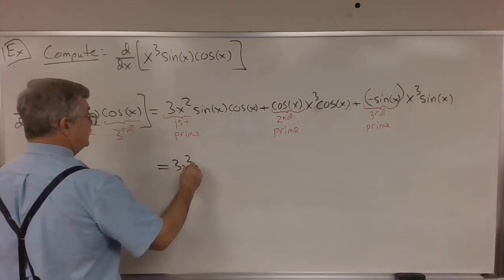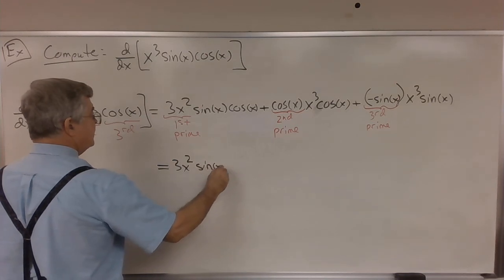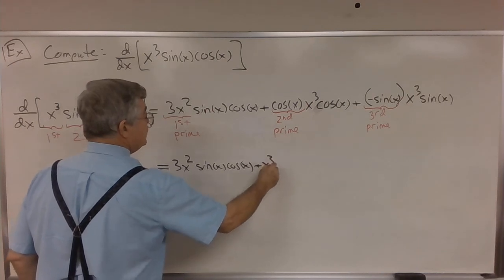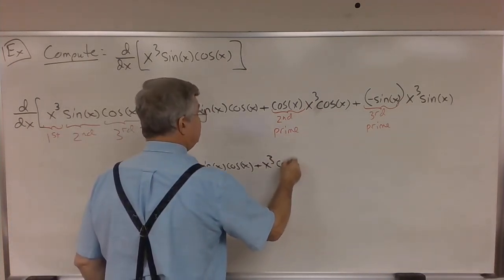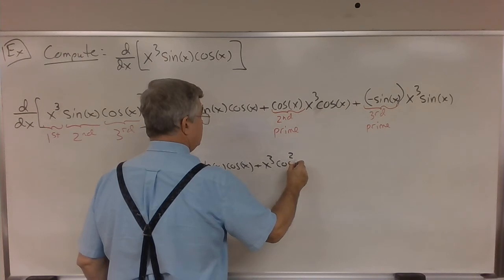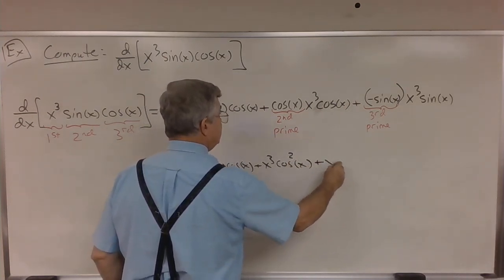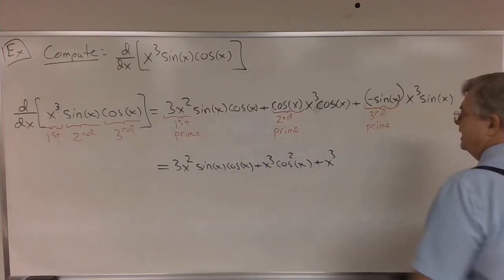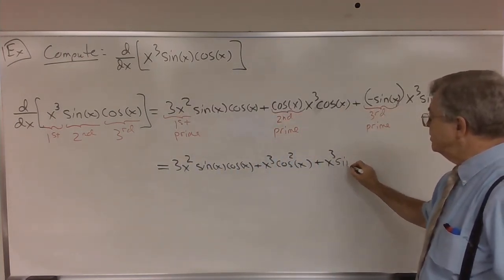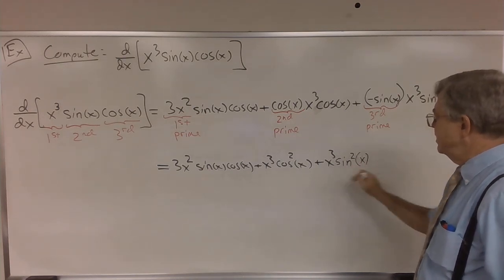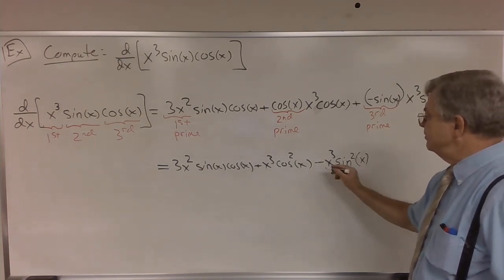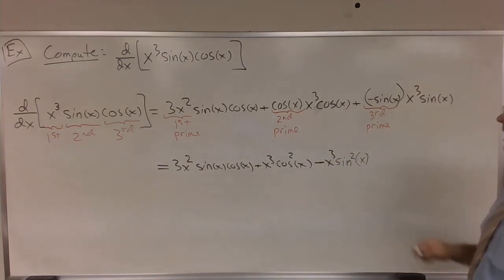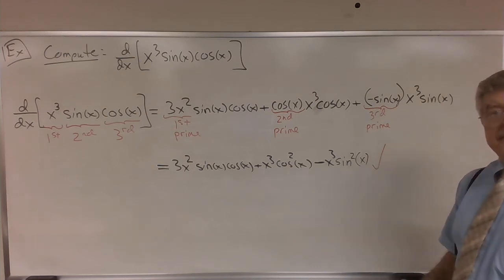So let's see, 3x squared sine x cosine of x plus x cubed cosine squared x, okay, plus x cubed negative sine squared. Now, I guess I could simplify this a little bit more with a trig identity, but I'm not going to. I'm going to leave it just like that.